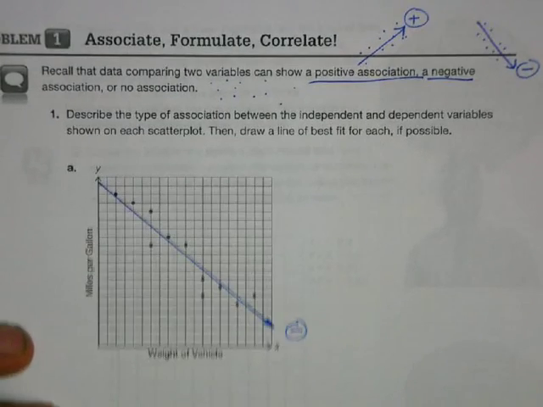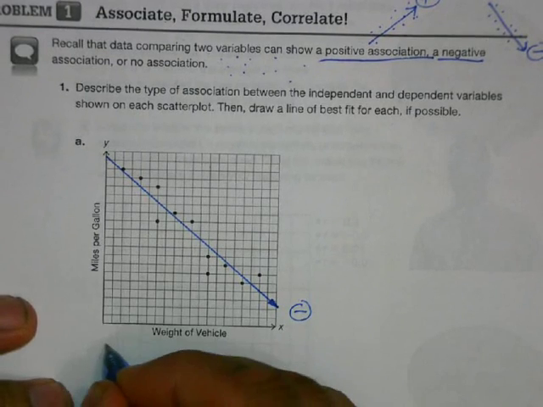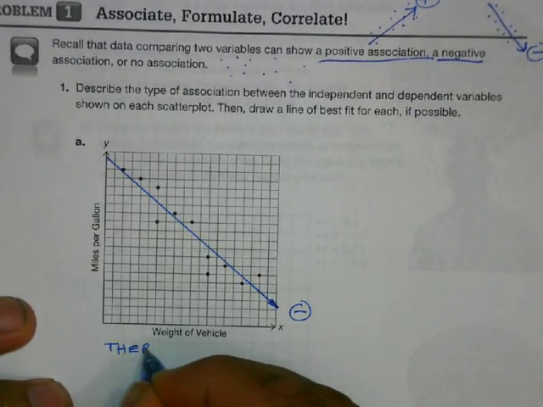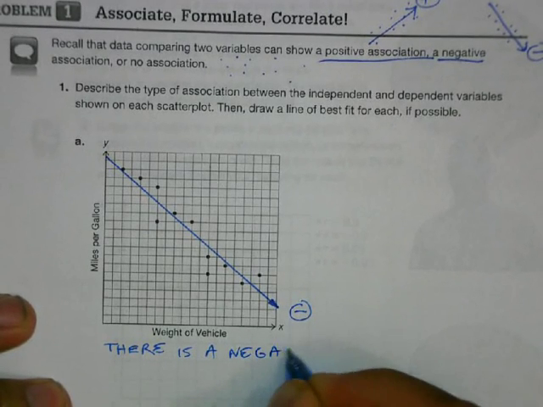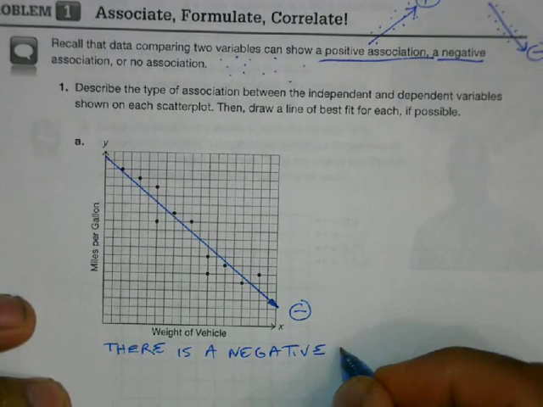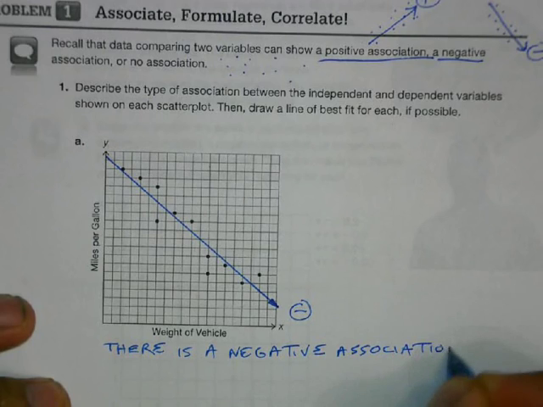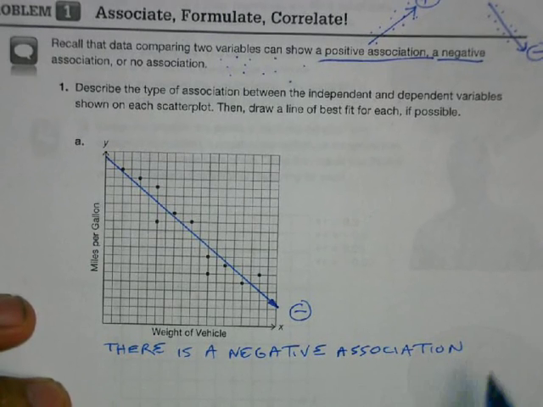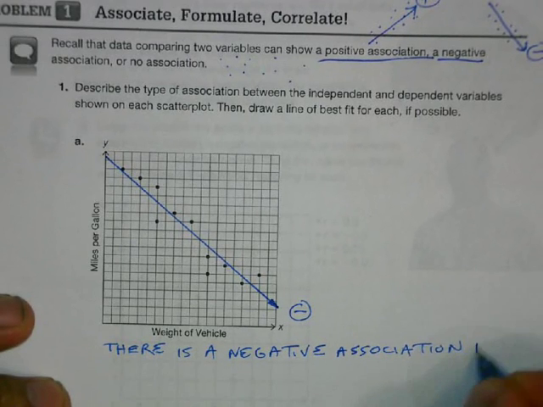On the y-axis, we got miles per gallon. So we could say there's a negative association between the weight of a vehicle and miles per gallon.